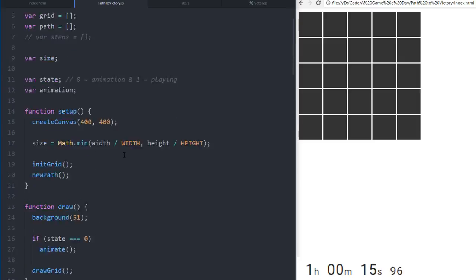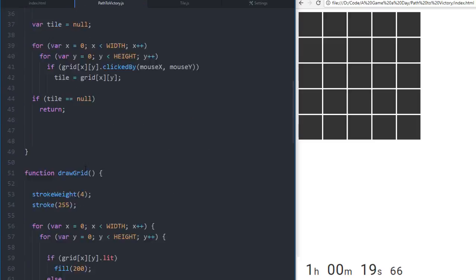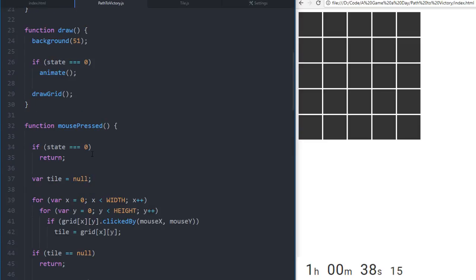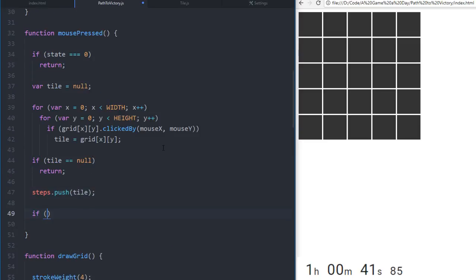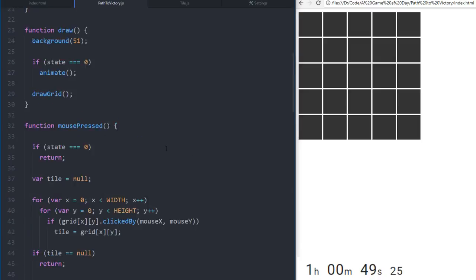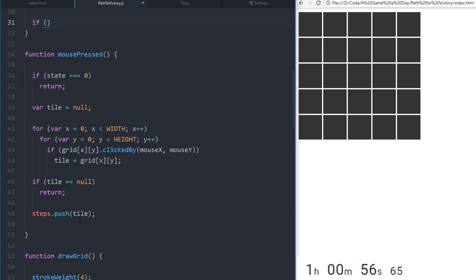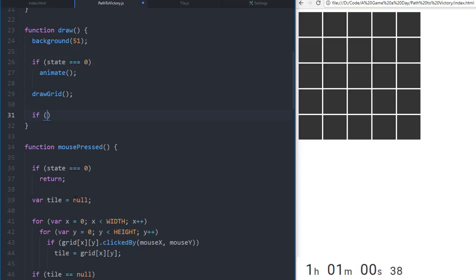Else we are going to say steps.push tile, and what we will say is, we need to check exactly, okay, if not on track, it's like if on path.